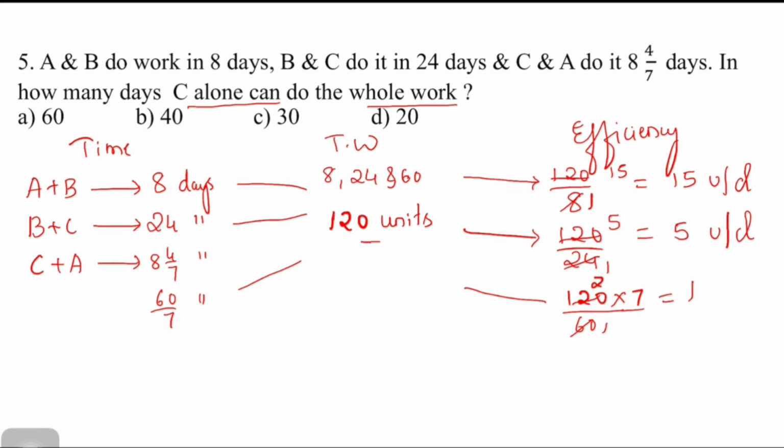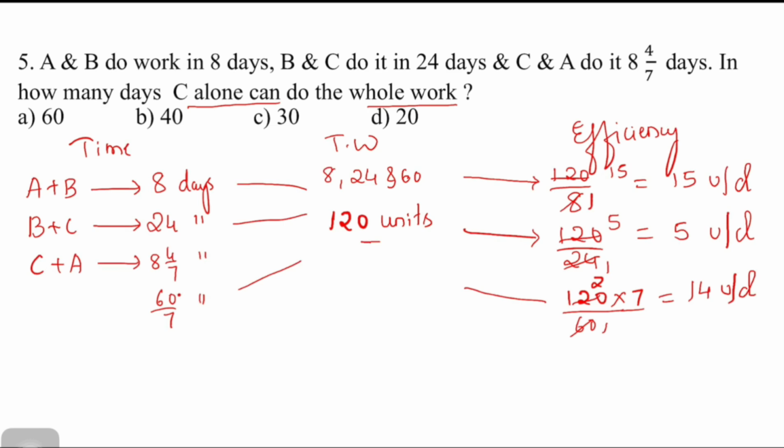They will complete 14 units per day. When you are taking division you have to consider both 60 and 7, but when you are taking LCM consider only the numerator.